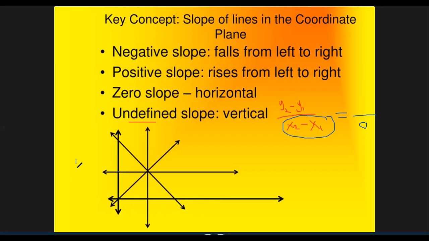So it could be -2 and 0, for example, on the line which is parallel to the y-axis, so it will be -2 and 0. And we have -2 and -4.